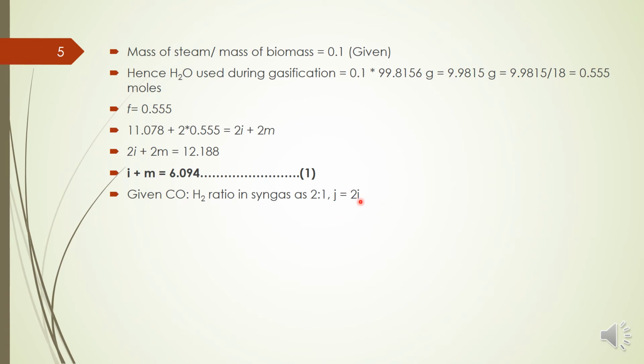So our J will be equal to 2I. So this is another clue. So that means we can simplify another equation, H plus J is 3.125. In this we can replace J by 2I, that is H plus 2I is equal to 3.125. So this is another equation in H and I.